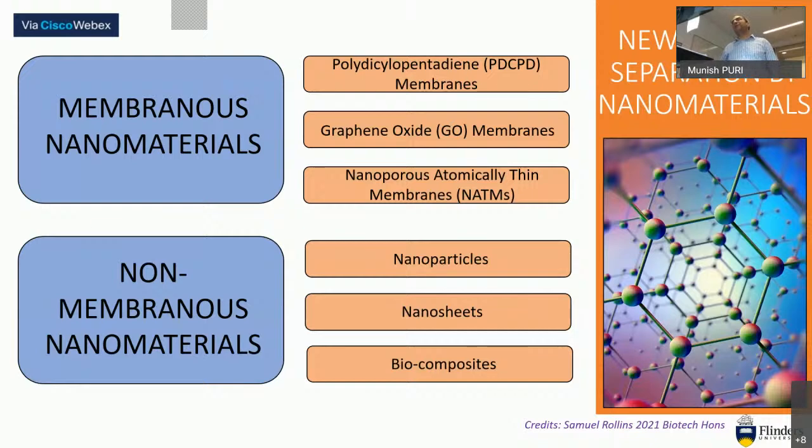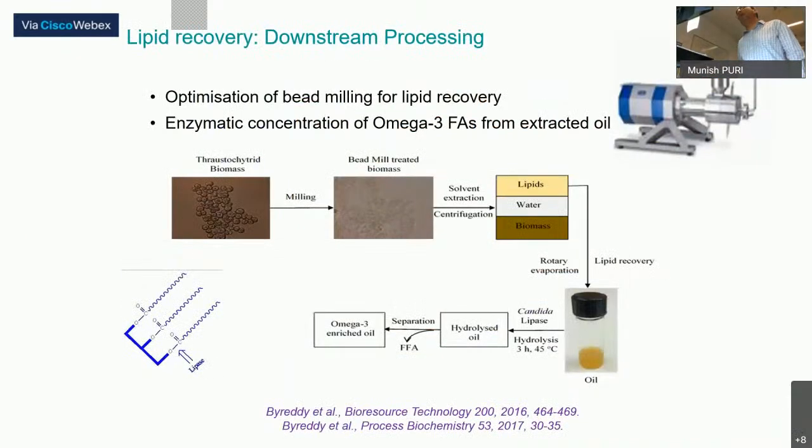We used some nanomaterials, which can make ionic interactions, and based on that we separated the lipids. Now this is a study I must share with all of you, because once you have the lipids, the next part is that you want to consume those omega-3 fatty acids. On the right-hand corner of the slide you will see a dynamill, also known as a bead mill, which is used for disrupting microalgal cells.